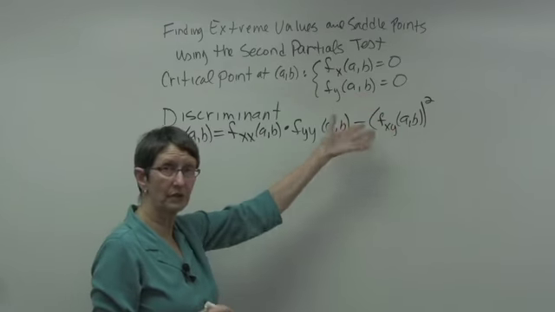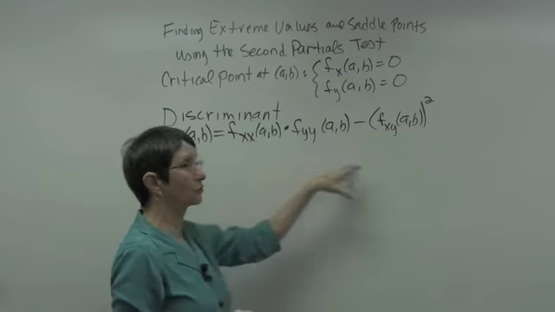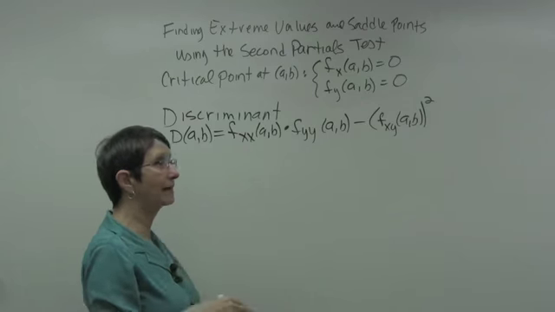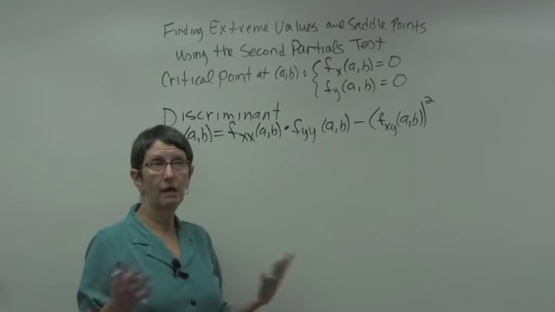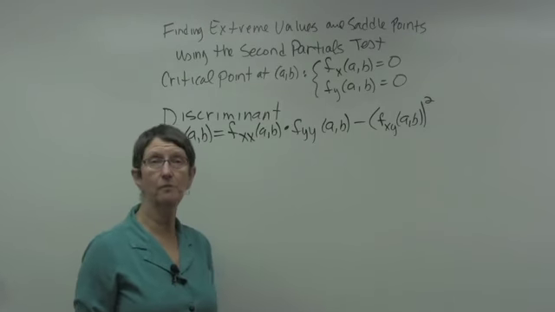So you square it first and then subtract. This is called the discriminant, and it will tell us whether we have a max, min, saddle point, or that we can't have any information.